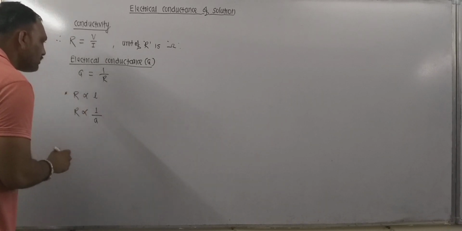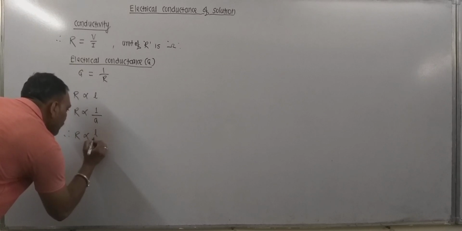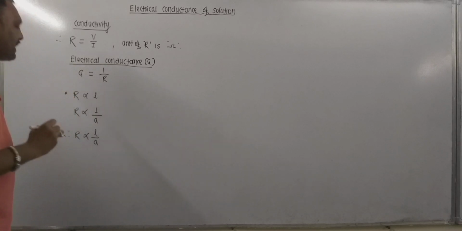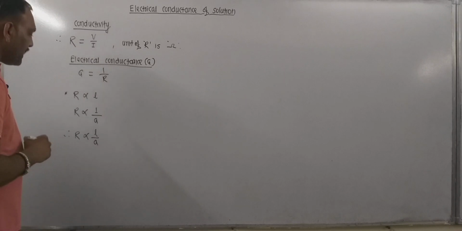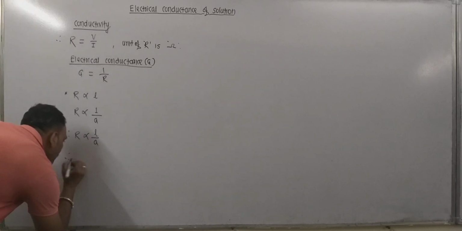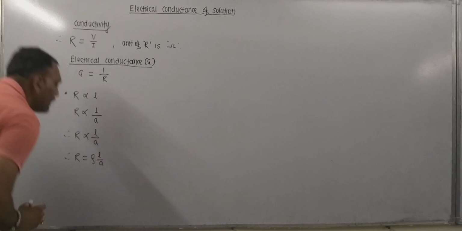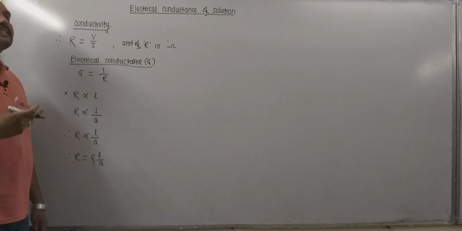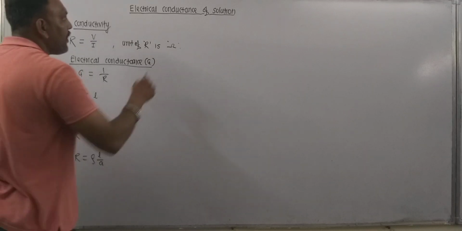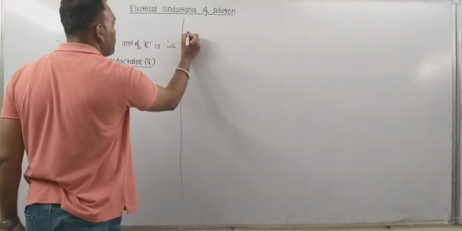Thus, on account of these two, one can write R is proportional to L by A, and if we take the proportionality constant rho, then this can be given as R is equal to rho L upon A, where rho is resistivity. Now, as far as resistivity is concerned, how can one interpret this?